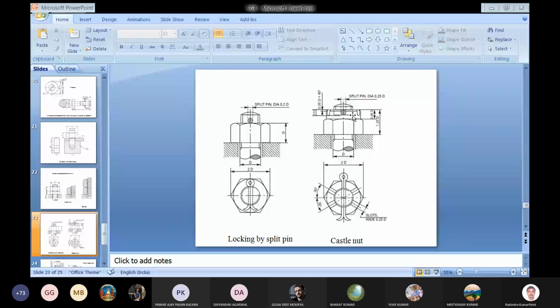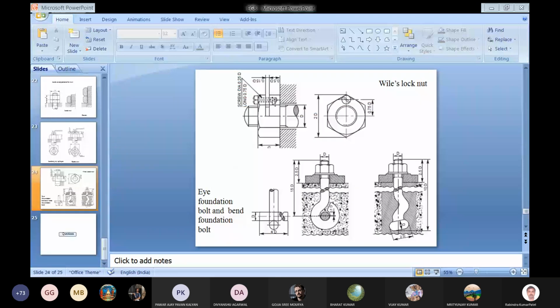There is another way, called the wiley lock nut. Here we cut the nut itself and put a small screw in it, so that it works as a lock nut, and the locking can be achieved.